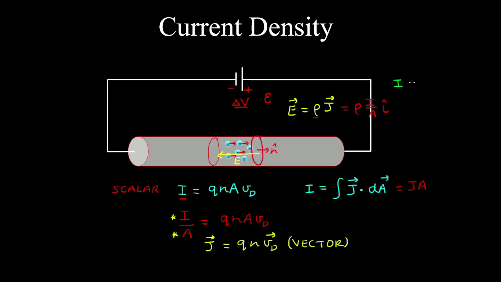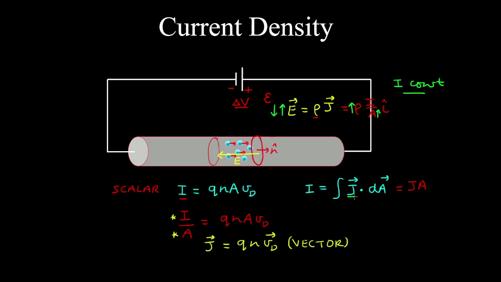So if we take the current as constant, then for a material with a higher resistance, a higher electric field would be required to maintain that same current or electron flow. And if the cross-sectional area of the wire is higher, then the electrons would have more space to move, and therefore you require a lower electric field to sustain that current.